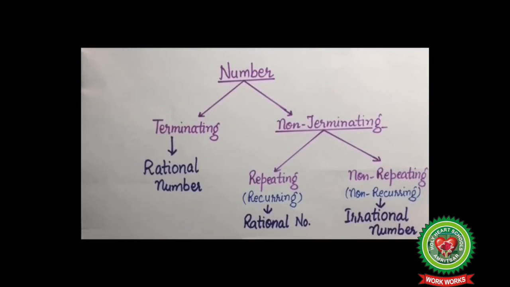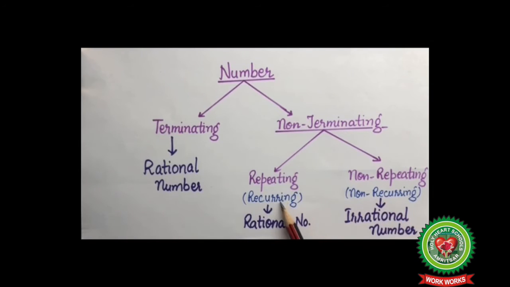Now students, we have already discussed in the chapter rational numbers that the fractional numbers, they are of two types, that is terminating and non-terminating. The terminating ones are called rational numbers, and the non-terminating ones are of two types also, that is repeating and non-repeating.